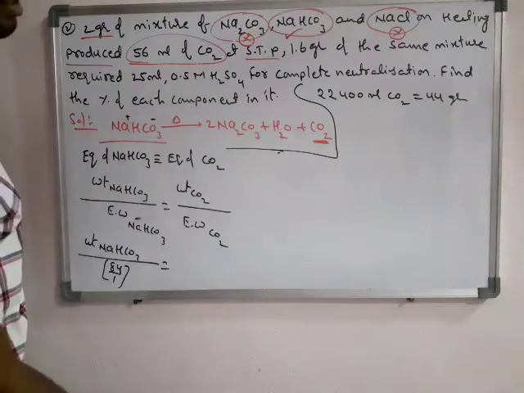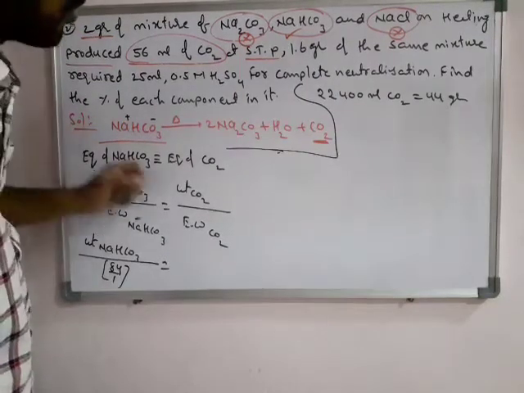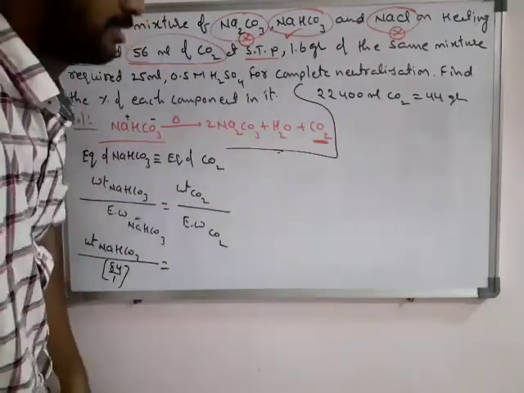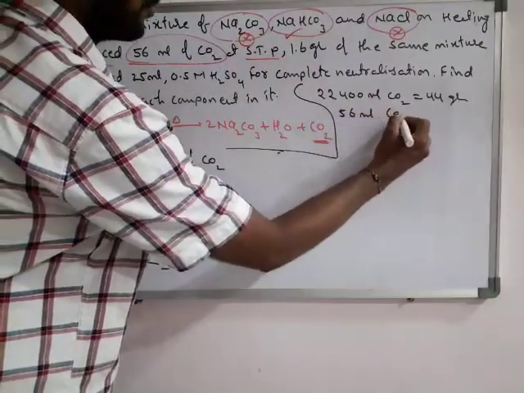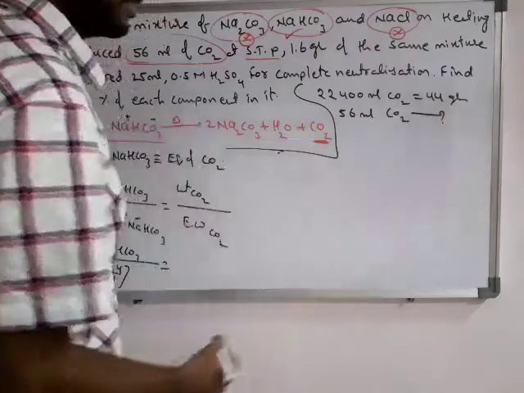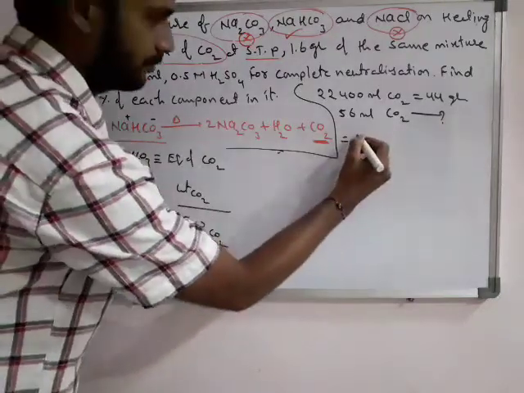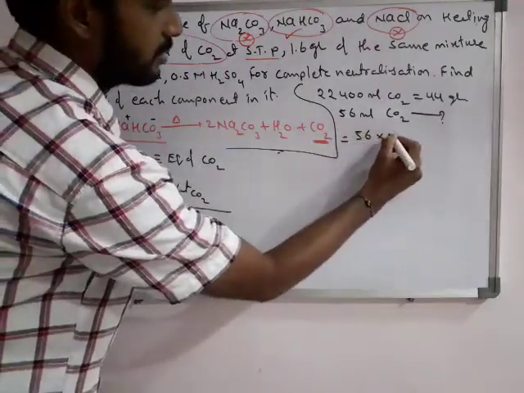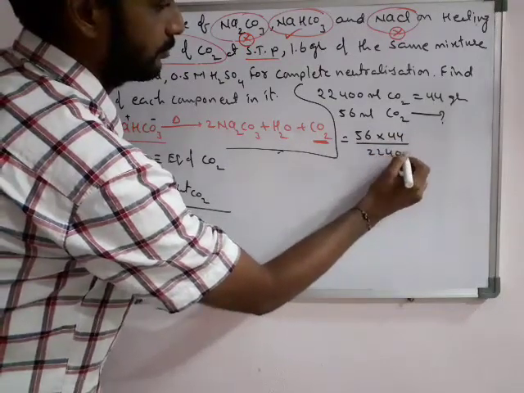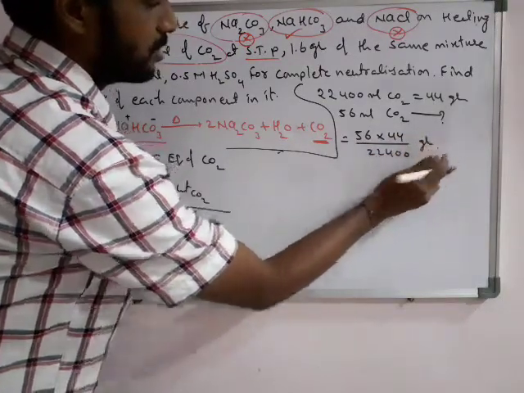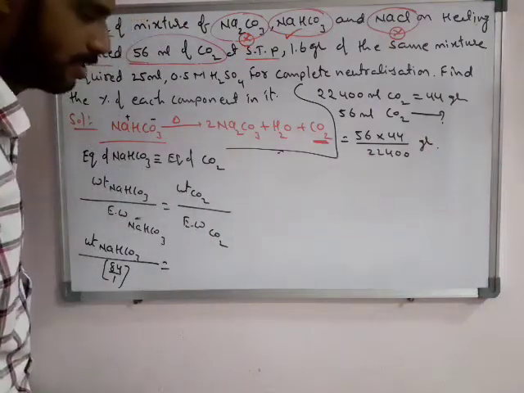At STP, always 22,400 milliliter equals its molecular weight. Then 56 milliliter of CO2 possesses how much mass? It is 56 by 22,400 times 44. So this much CO2 in grams is present.